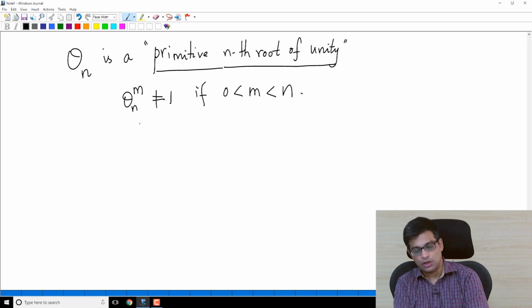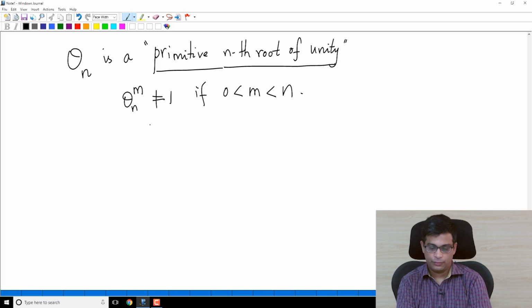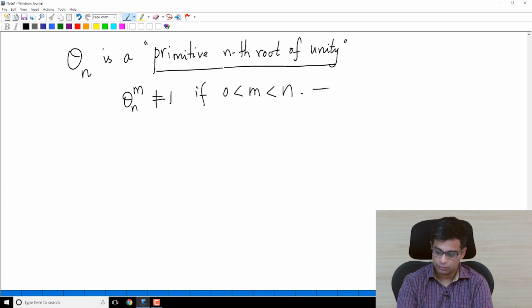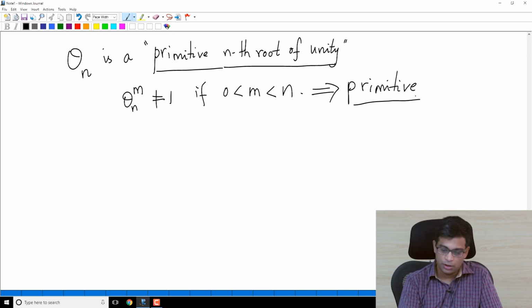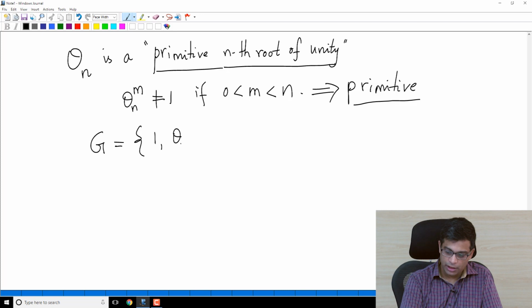So, it is not an mth root of 1 for m less than n, it is the smallest positive integer such that a power of theta is 1 is n. Okay, so, this is what makes it primitive. Again, if you do not know complex numbers, you can disregard this example, but now let me define G to be 1, theta n, theta n squared.